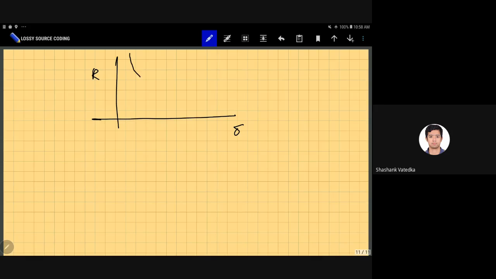So obviously it's a non-increasing curve, because as you increase the distortion, the rate can only decrease. But although it is not completely obvious from this, it does turn out to be convex. It should be clear that it's a non-increasing function, r as a function of delta. But it also happens to be convex, which requires a separate proof.